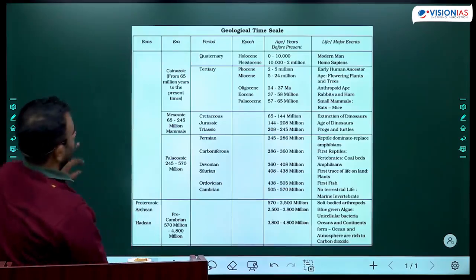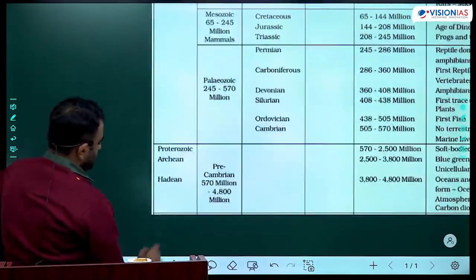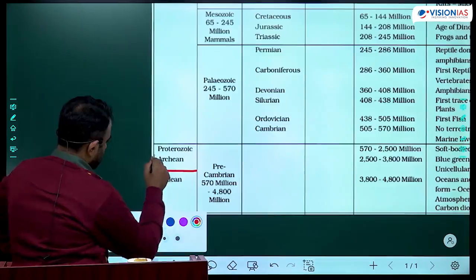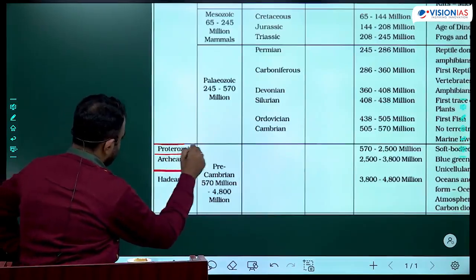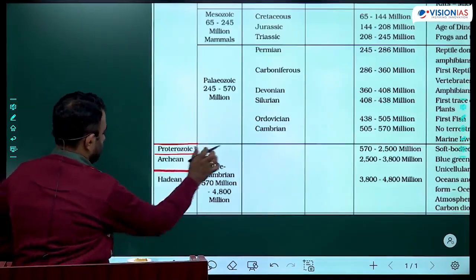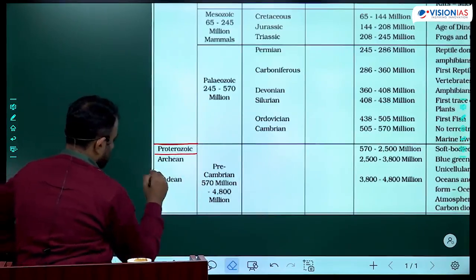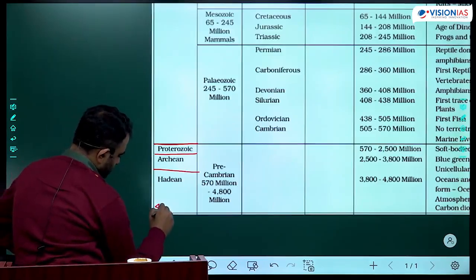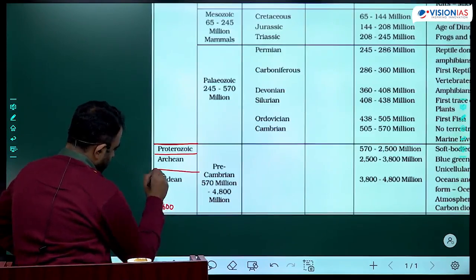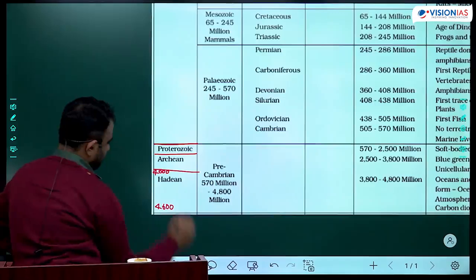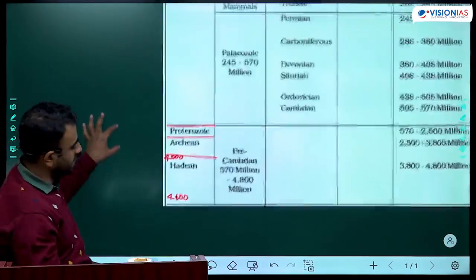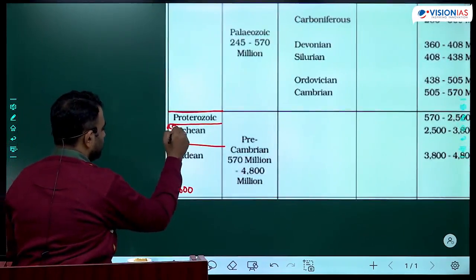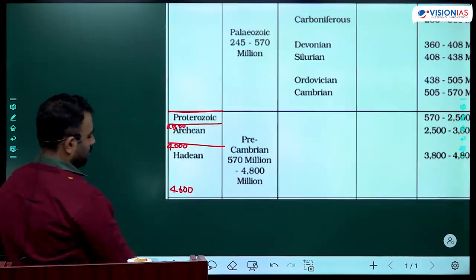See here. We have 3 eons: Hadean, Archean, Proterozoic, Phanerozoic. Hadean starts at 4600 to 4000. This is the Hadean. 4000 to 2500 is Archean.